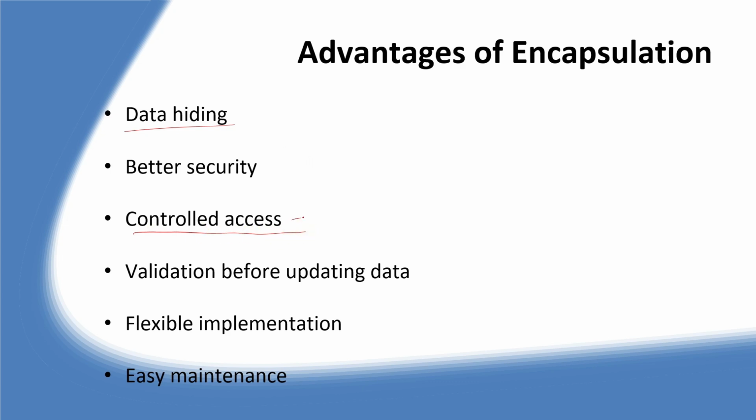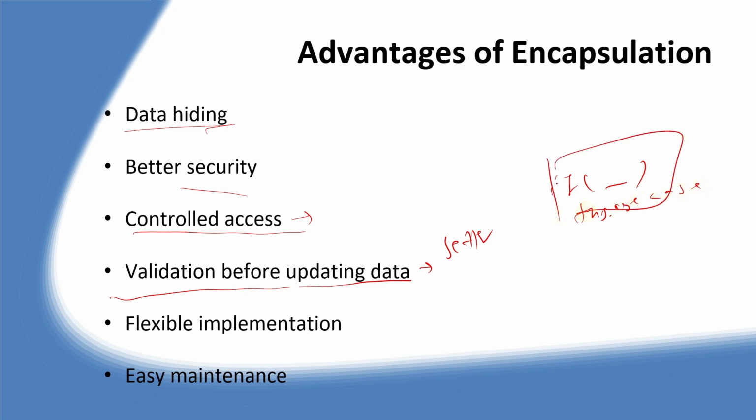With the help of getter and setter only, we can utilize the private members. Since we are doing data hiding, better security is there. And we can use validation in the setter method. We can provide some validation condition inside a block and then do the setting, like this.age equals age. So we can do this in the setter method.